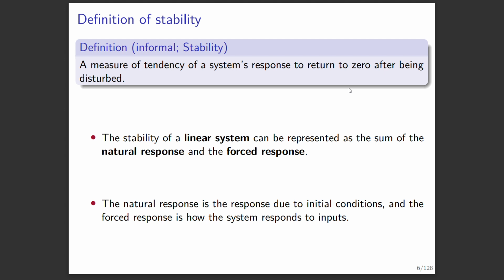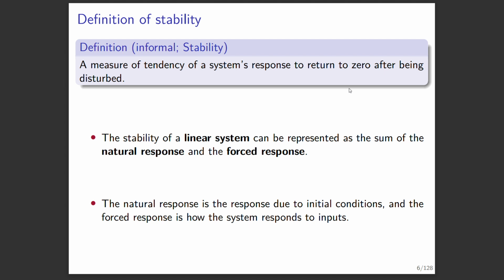The response of a linear system can be represented as the sum of two parts or two pieces, the natural response and then the forced response. As you have studied before, natural response is the response of the nature of your system or the dynamics of your system to that input.